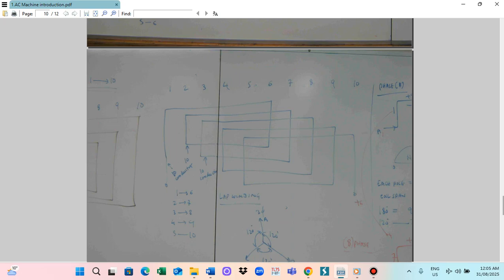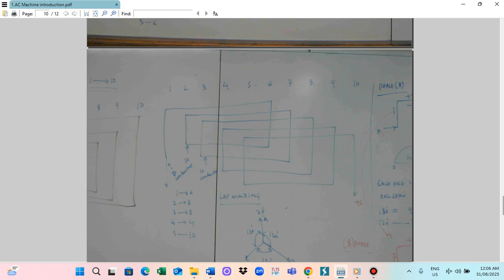Firstly we start from 1 to 6, and go to 2 to 7, 3 to 8, 4 to 9, and then finally 5 to 10.